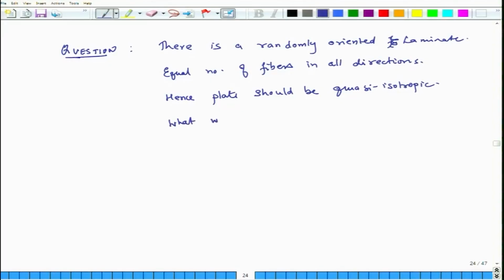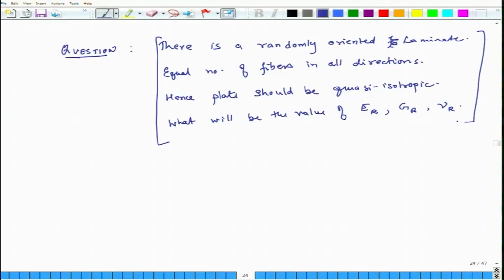What will be the value of ER? ER means Young's modulus for this randomly oriented plate, GR which is the shear modulus for this plate which has randomly oriented fibers, and mu R which is the Poisson ratio for this plate which has randomly oriented fibers. So, this is the question, okay.